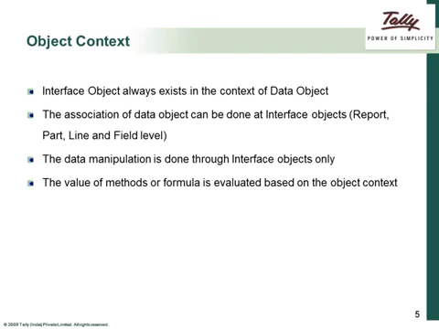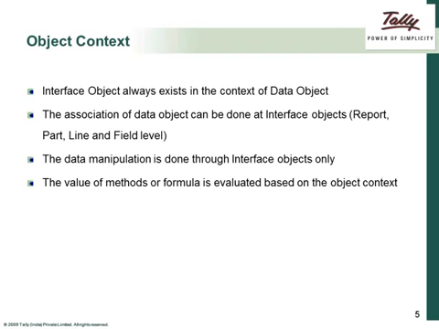So, depending upon the utility of the report or the requirement of the output, you can have the connectivity at the report level. At the report level, you might just simply call a simple one object details and showcase it. However, depending upon the utilities, you might have to connect something at your line level or at your part level. 90% of the time, the connectivity of the data object will be at the line level.